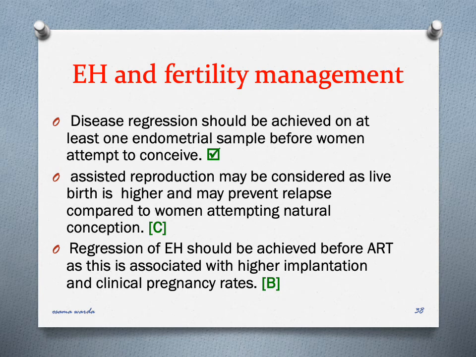Assisted reproduction may be considered as live birth is higher and may prevent relapse compared to women attempting natural conception. Regression of endometrial hyperplasia should be achieved before assisted reproductive technology, as this is associated with higher implantation and clinical pregnancy rates.